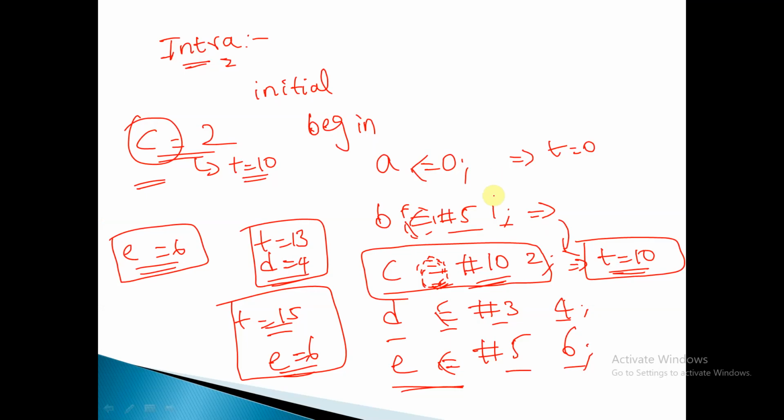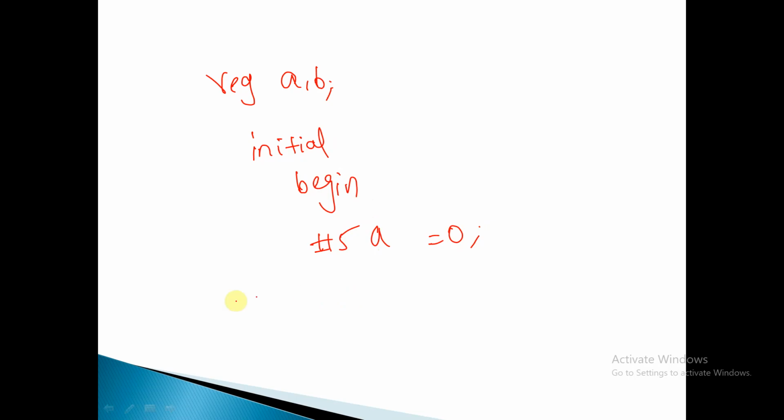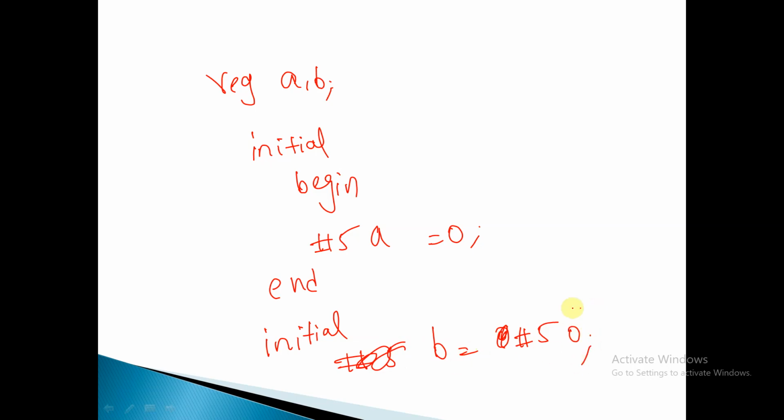Now, let's say we have declared reg a, b, and within an initial begin block, we have written #5 a is equal to 0, and in another initial block, b is equal to #5 0.